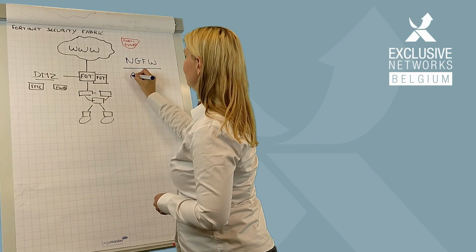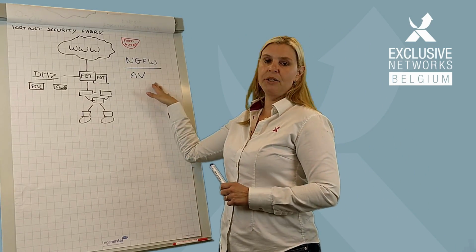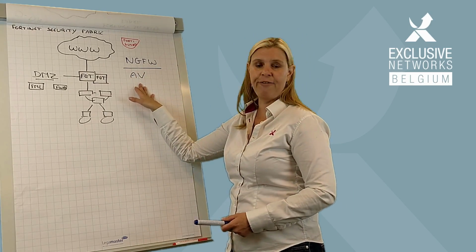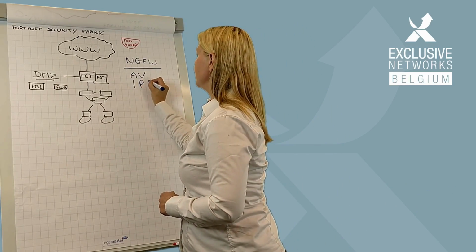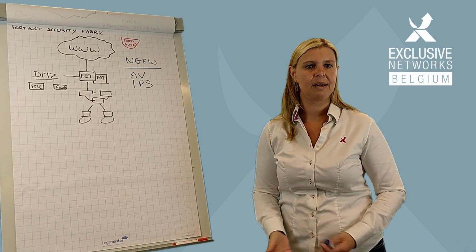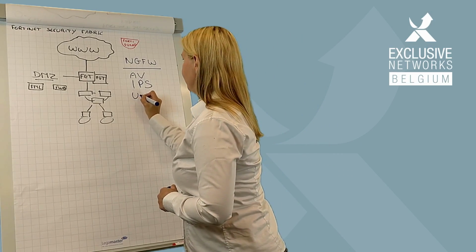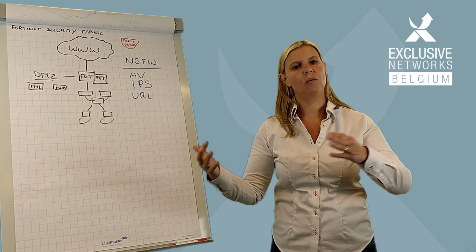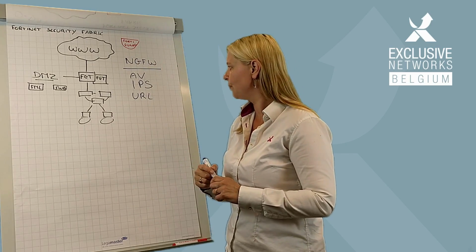First of all, we have antivirus or anti-malware, which is signature-based. Signature-based means it is very effective against known malware. We have our IPS database, intrusion prevention system, also signature-based against known intrusions. We have URL filtering, so we can whitelist or blacklist the URLs or websites where our users want to go.